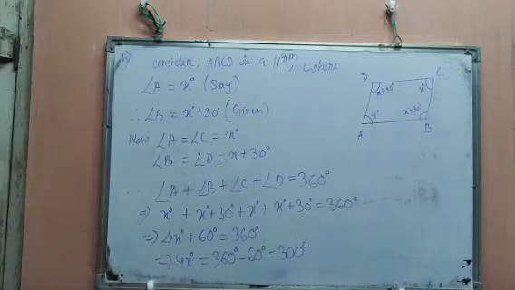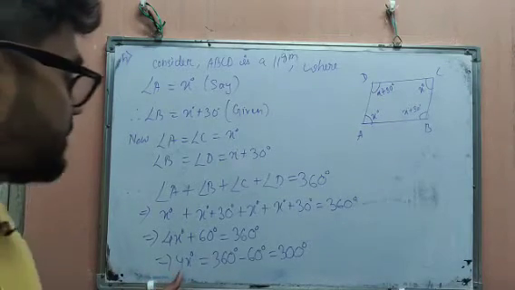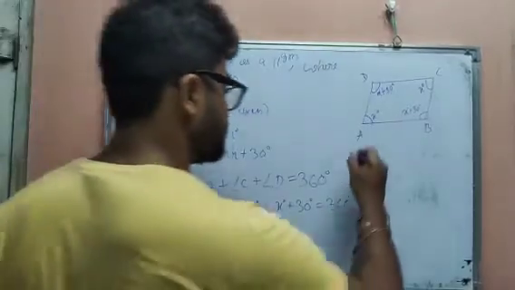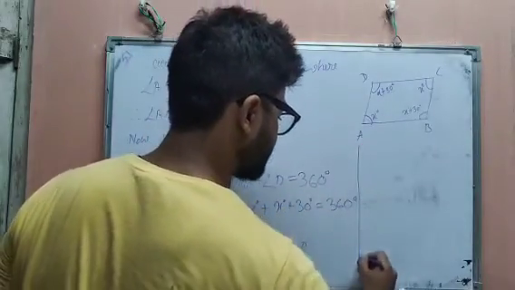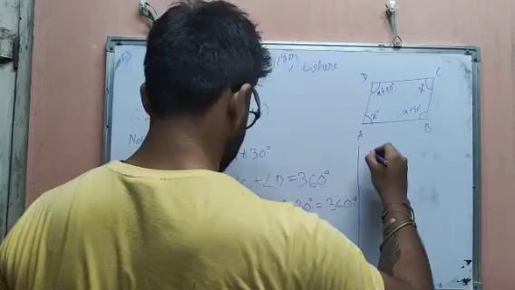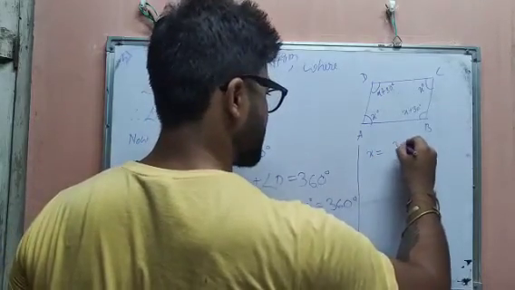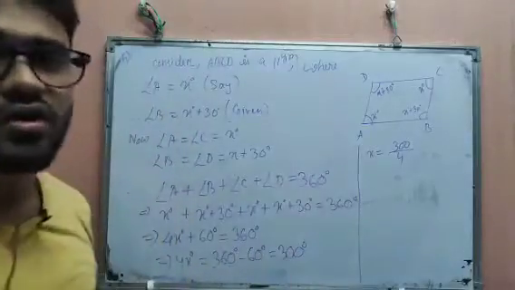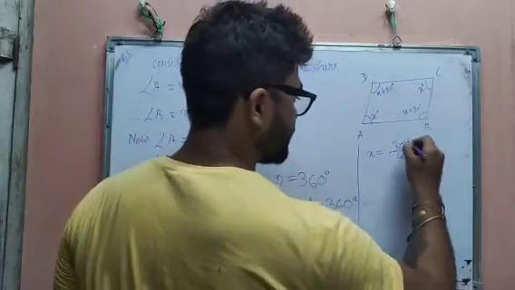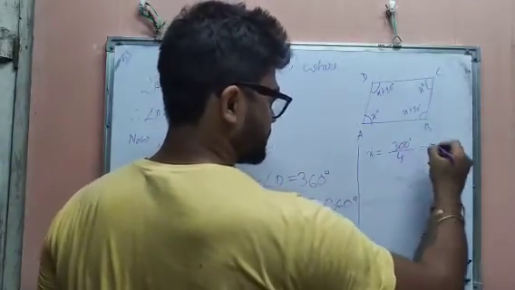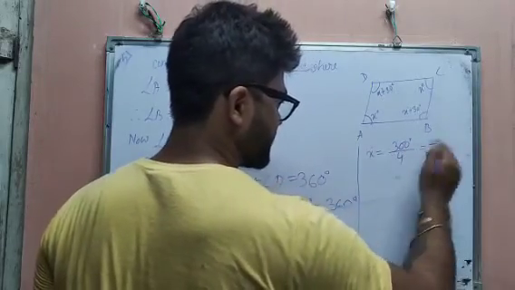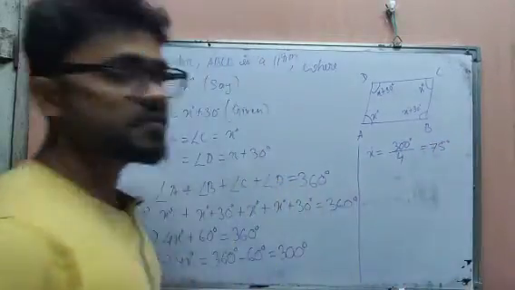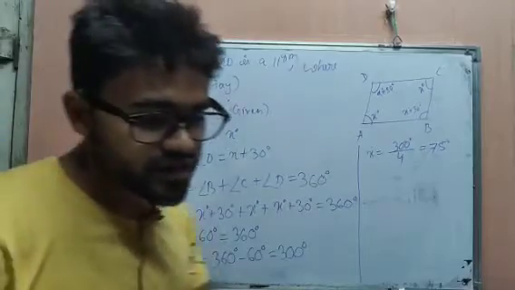Okay, that means what you can say, that this are 300 degree you have got. Now we simply need to find the value of x. So x equal to 300 degree divided by 4, or 4 divide this, 4 sevens are 28, 4 fives are 20. So x value we have got what? 75 degree. Therefore we are asked to find what?